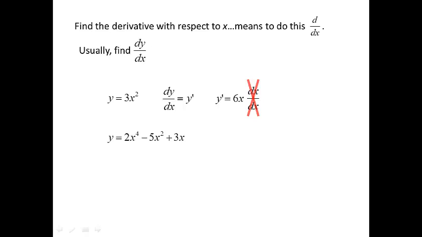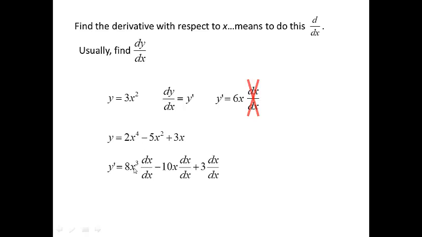Now let's try a second example, because you may be confused right now. So let's try to do this. If we take the derivative of y with respect to x, that means that the derivative of y with respect to x is equal to 8x to the third. We're taking this exponent and multiplying with the coefficient and subtracting 1 from the 4.